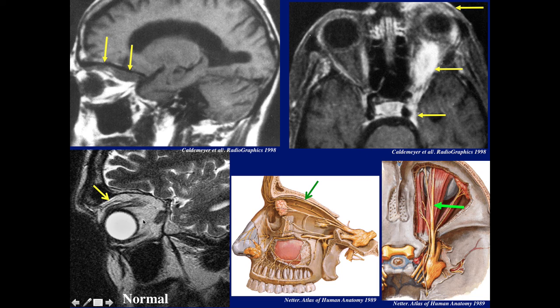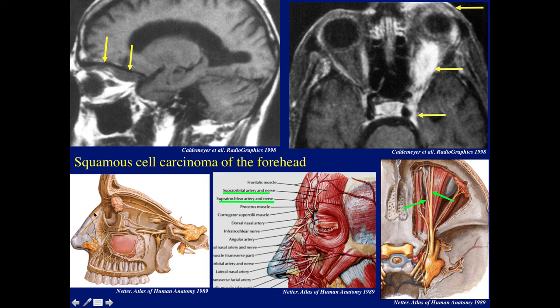This is a classic case. This patient had a squamous cell carcinoma of the forehead, and then sometime later had perineural spread. So from the tumor being over here, it's now spread all along the ophthalmic nerve, the frontal division, all the way back to the superior orbital fissure, just like in this diagram.